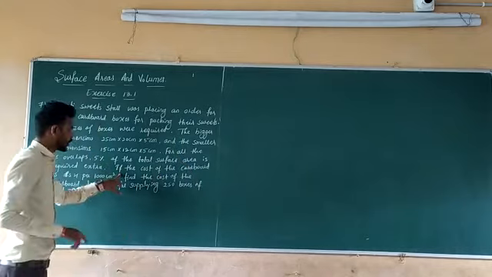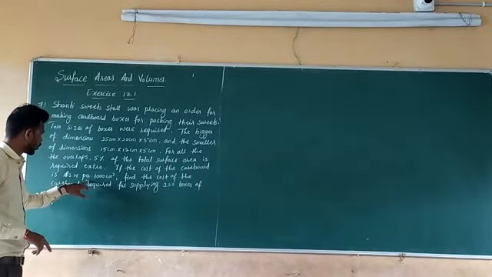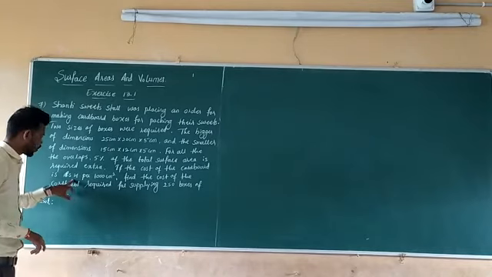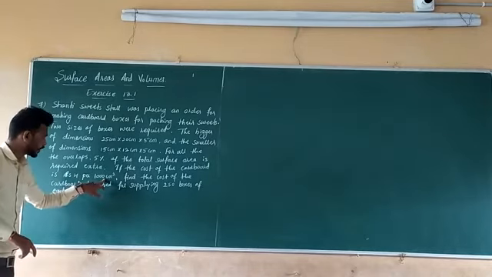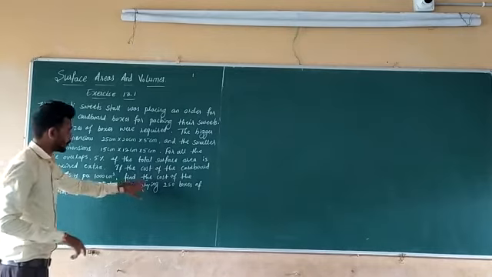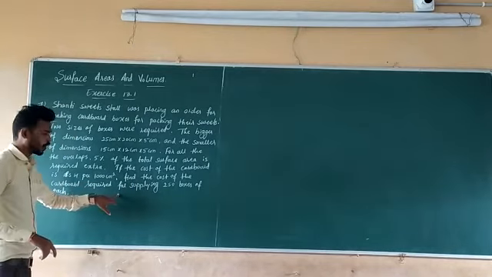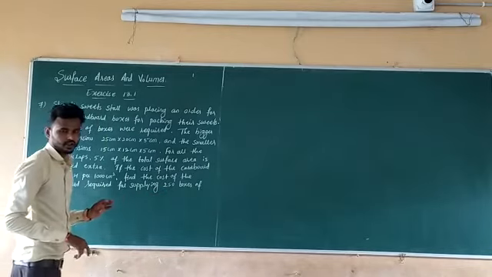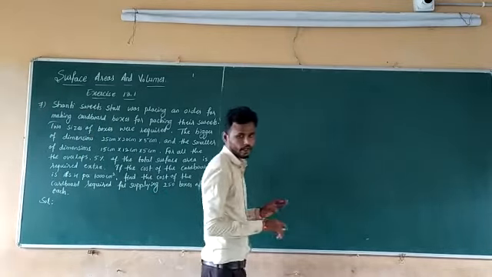So if the cost of the cardboard is rupees 4 per 1000 centimeter square, find the cost of the cardboard required for supplying 250 boxes of each. So how much cardboard is required?